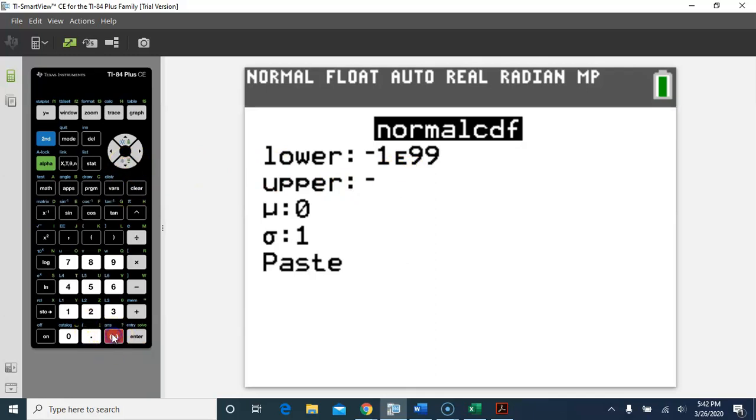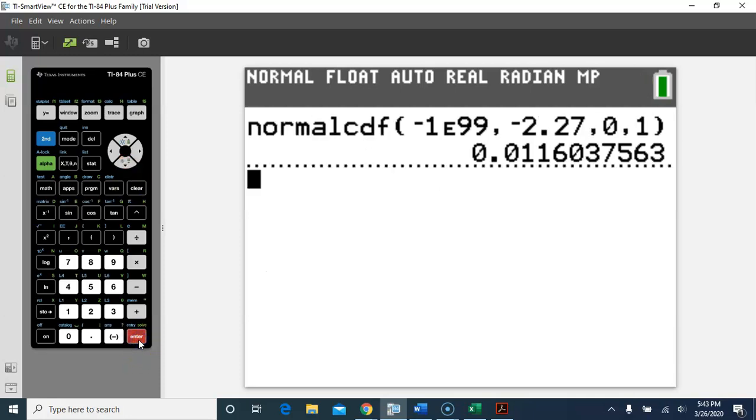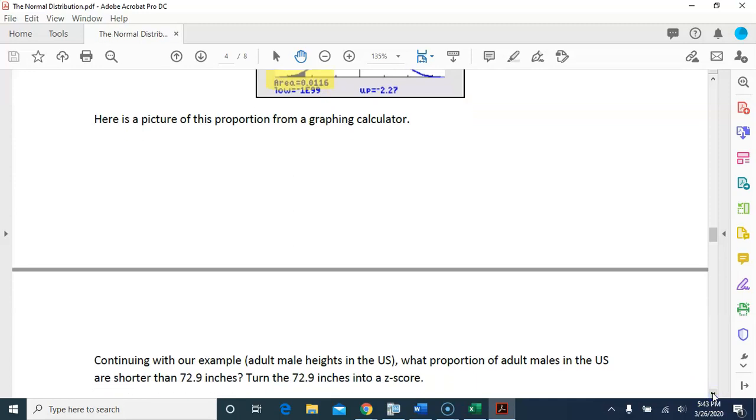And then for the upper, our z-score was -2.27. And we always leave the mean as 0 and the standard deviation as 1 if our -2.27 is a z-score. And this should give us the same 0.0116 number that we got off of the table. So you can use technology or use the table, but they've already been calculated for us on the table, and you're going to be able to use the table. So there we have it.